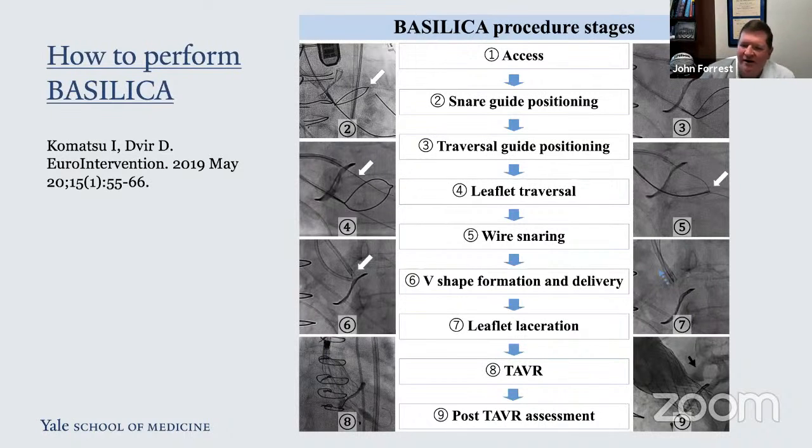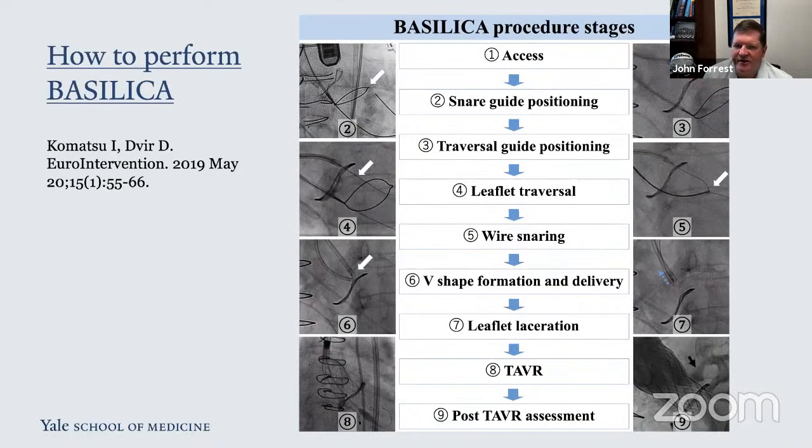I will tell you that while this can be challenging at times, certainly there have been some modifications to make this a little bit easier, but I also would not rest on your laurels that you've gotten a perfect slit right in front of the ostium of the coronaries. Even after this, I've seen cases of coronary obstruction.